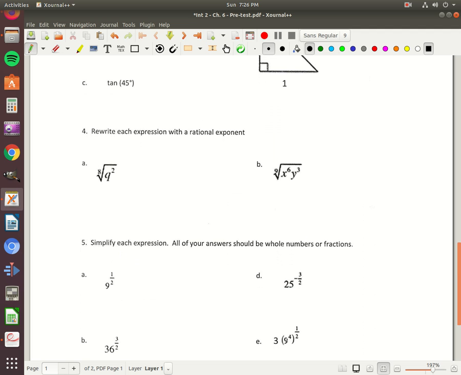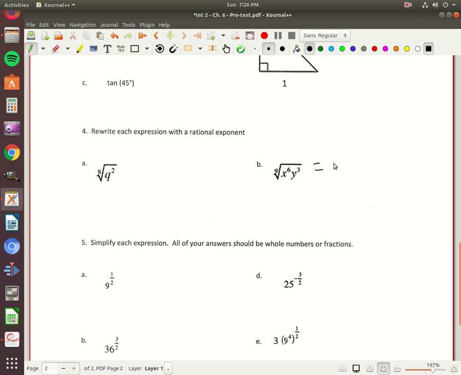Next, we need to rewrite some of these as a rational exponent. And these problems can be a little bit tricky, even though we just got done doing some of these. So I'll do B just because it's a little bit trickier. And honestly, my hope is that you pause the video and try this for yourself.